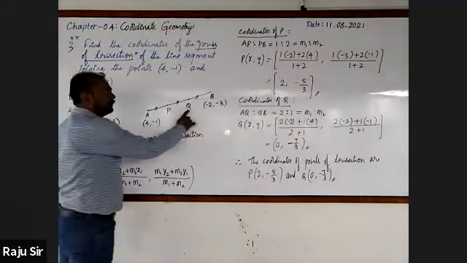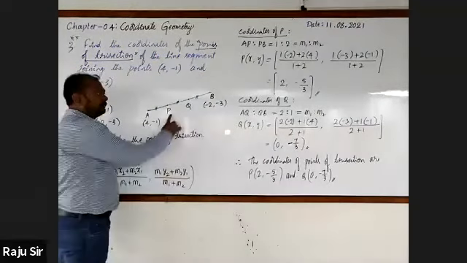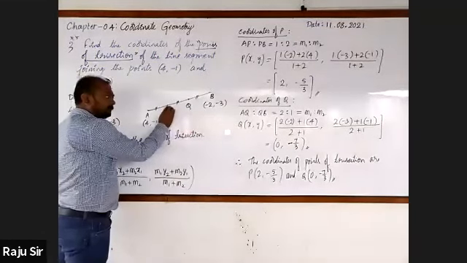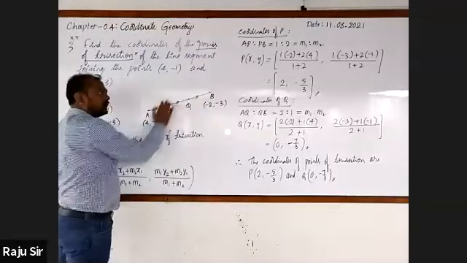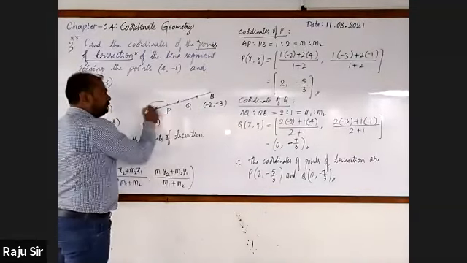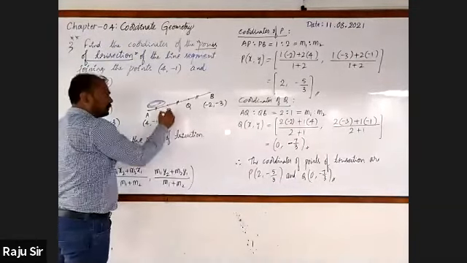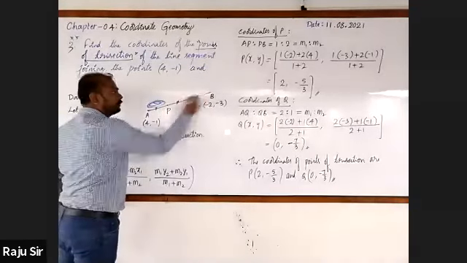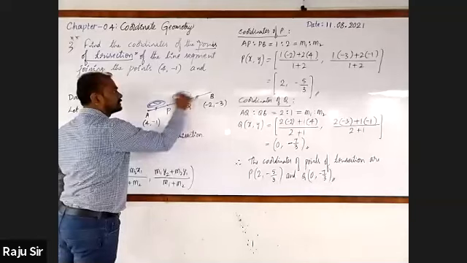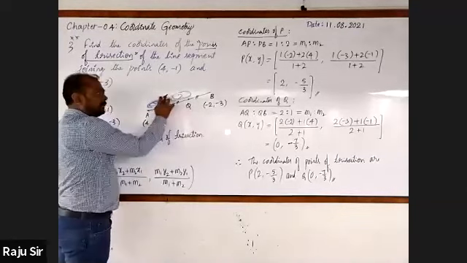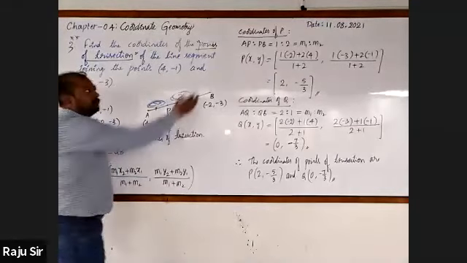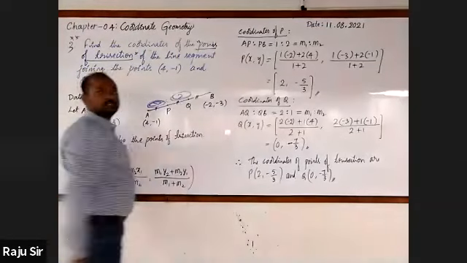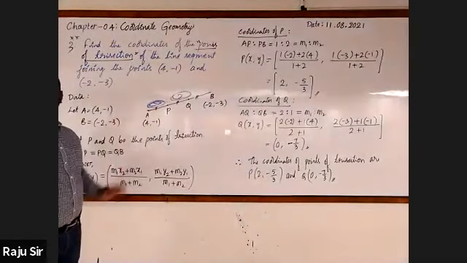We need to find out the coordinates of P and Q. To find P, you must know a ratio: from A to P is 1 part and from P to B there are 2 parts. Hence the ratio will be 1:2. We'll use the section formula to find the coordinates of P.